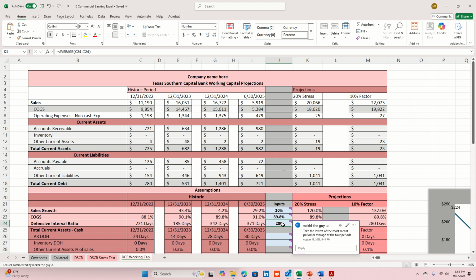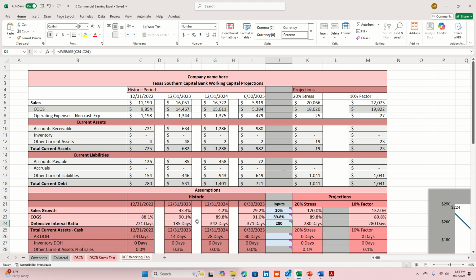Again, if we make no more sales, we make our last sale today, we have 280 days until we can't pay our employees. 280 days until our employees starve, go on strike, start to sue us. 280 days until we can't pay our operating expenses.